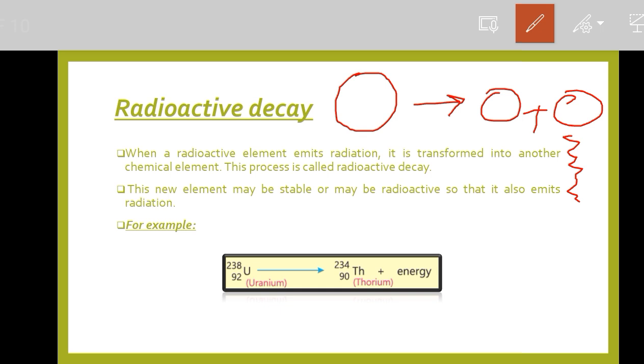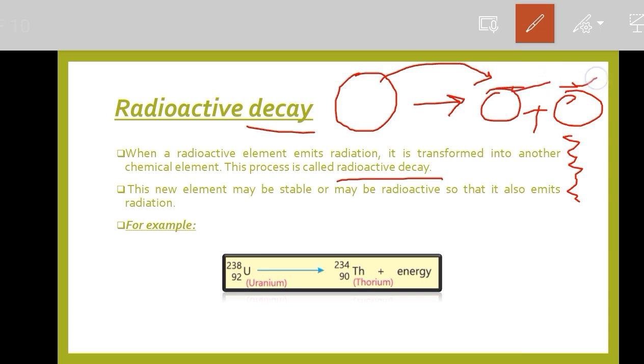So decay is simply a breakdown. Whenever radioactivity occurs, meaning whenever the isotope releases radiation, it is transformed into another chemical element. It breaks into other chemical elements, and the process is called radioactive decay.